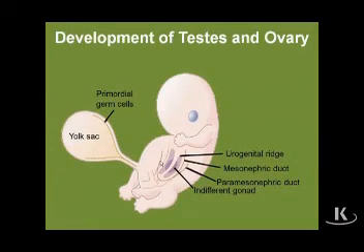Okay, let's turn our attention now to the development of the kidney and ureter. Now, we had seen this illustration back at the beginning of our discussion when we first talked about the development of the gonad. And at that time, we pointed out the ridge of mesoderm found on the back wall of the abdomen.